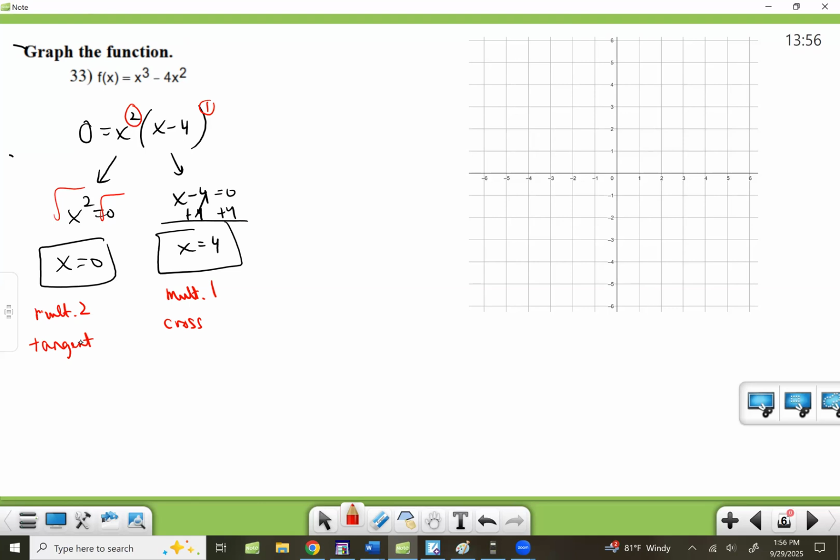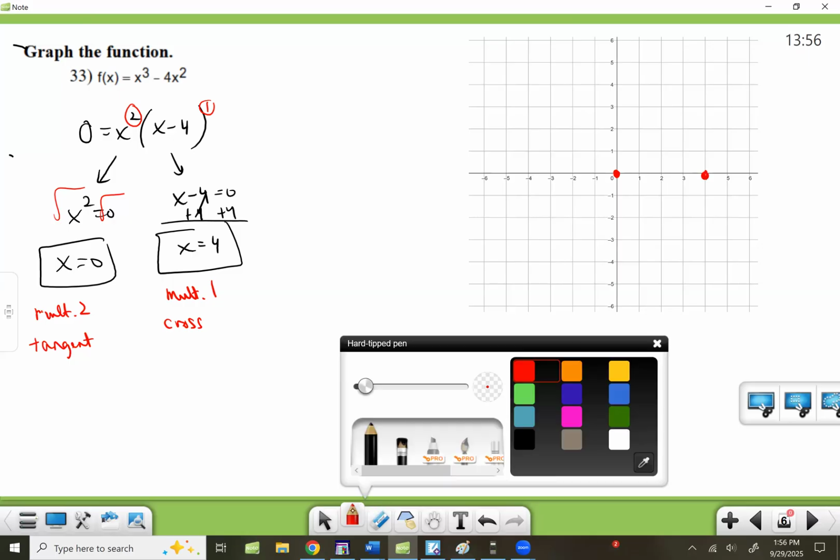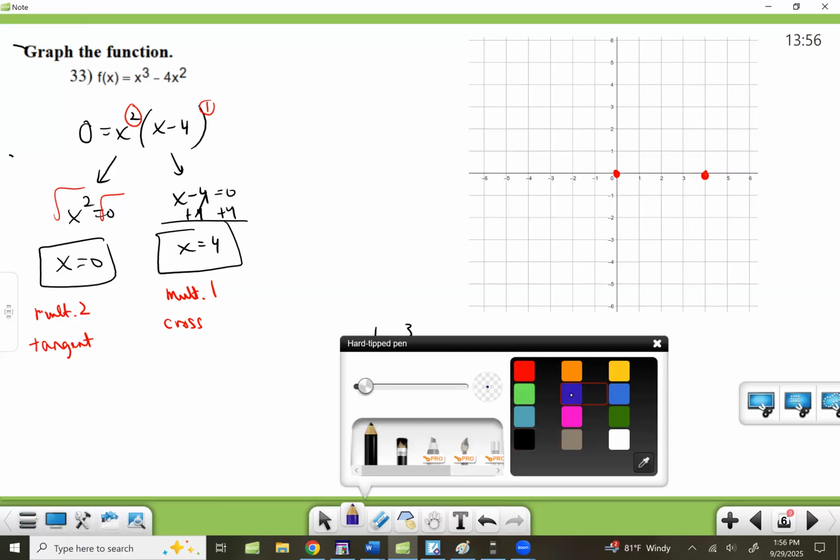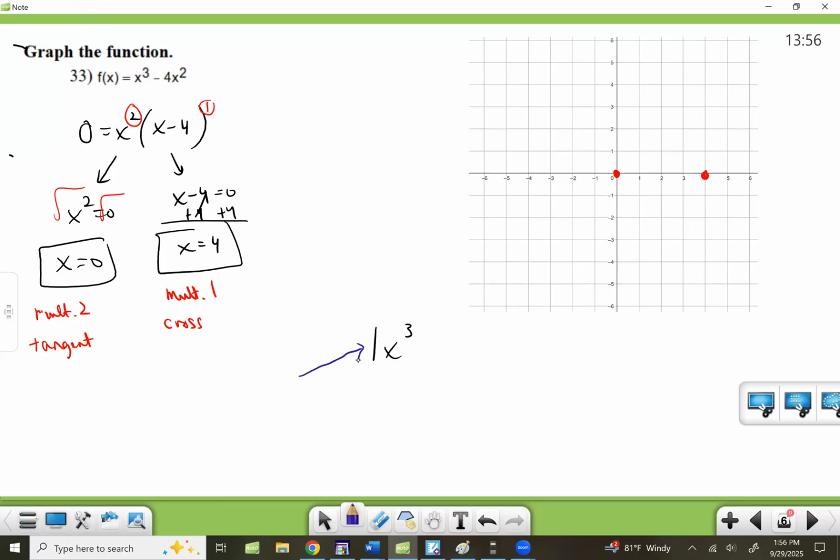Okay, I'm going to go ahead and mark those on my graph. So 0 and 4. Okay, now we're going to use the leading term test also. So the leading term is x cubed. I'm going to write it as 1x cubed, just so I can really see that front number. Now, since the front number is positive, we know that the right goes up.